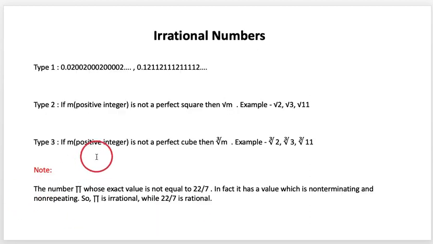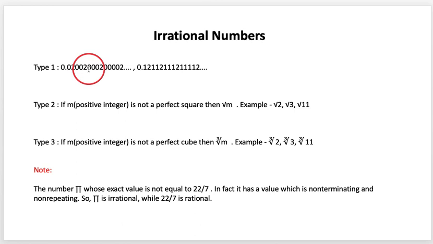Now let's come to the next number, which is the irrational number. Here we will learn 3 types of irrational number. One is, you see the example, 0.0, then 200, 2000. I just increase one 0 in every place. You can change the digit, no problem.